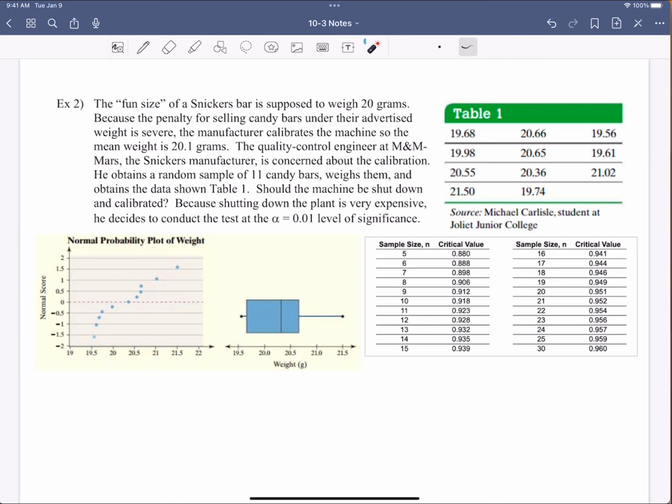If you don't manufacture these correctly, you're going to get a huge bill, right? So the penalty is severe. So you don't want to have a penalty and you don't want to be super expensive trying to shut this down. So we have to be confident. Do you see the difference there in how we're looking at it? Cool, right? Okay. So here are the 11 pieces of data that we're looking at.